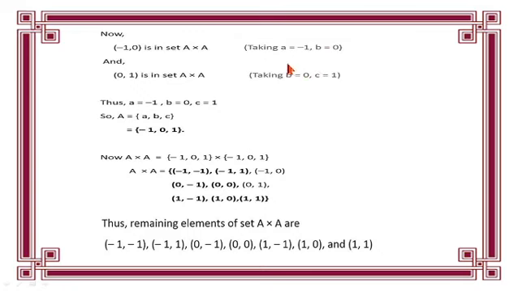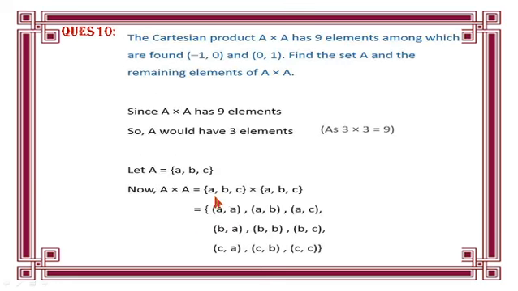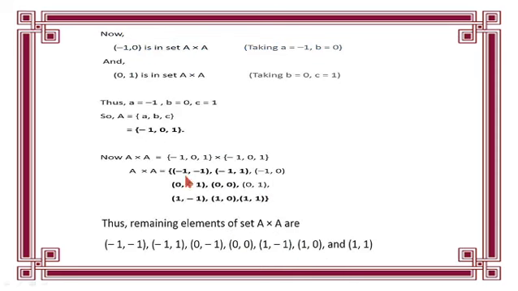So now compare the values of a, b, c with this collection of A cross A, and put the values of a, b and c and find out the entire collection of this Cartesian product. Out of this, how many elements do we have now? 9. Out of these 9 elements, 2 are already given in the question. So the remaining 7 ordered pairs are here in front of you.